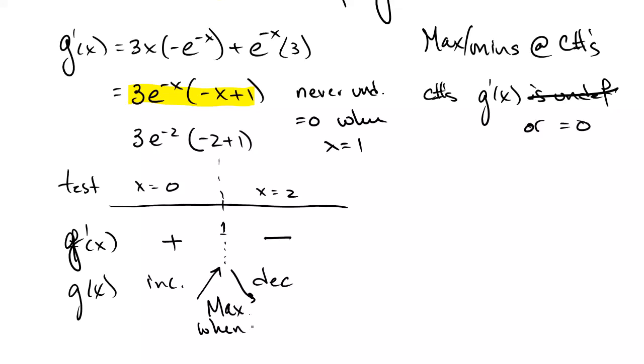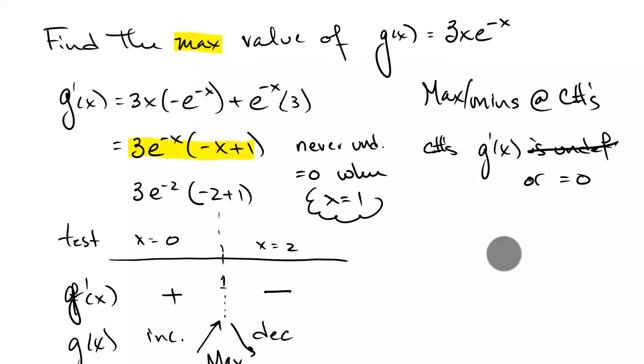And I'm going to say maximum when x equals 1, because we're still not done with this problem. That's an important number, x equals 1, but it doesn't answer the question, what is the maximum value of g of x? It just tells you when that maximum value happens.